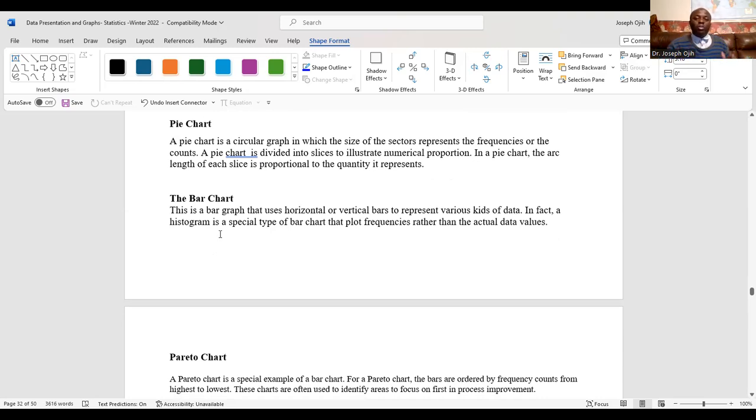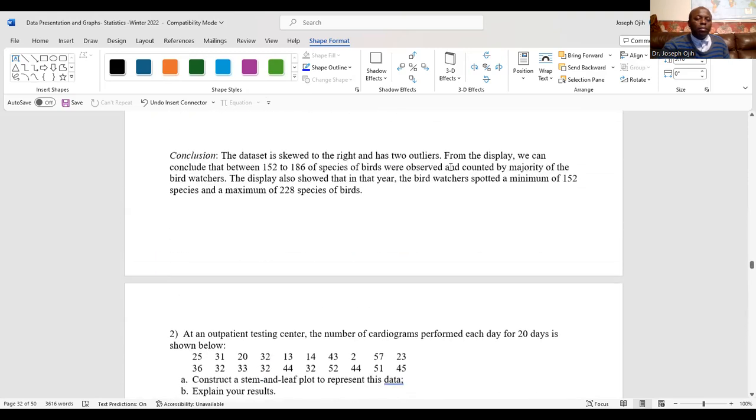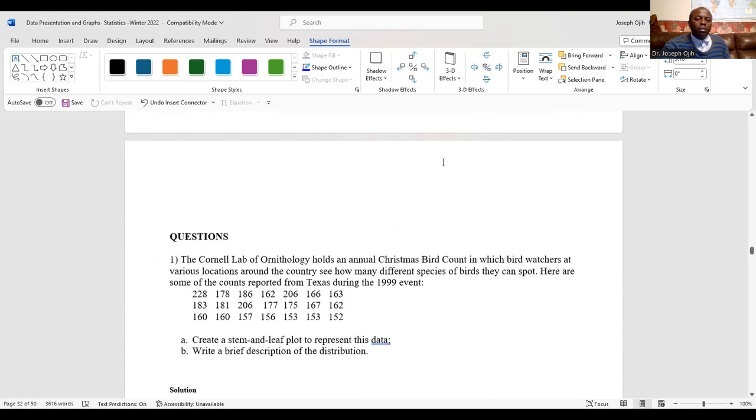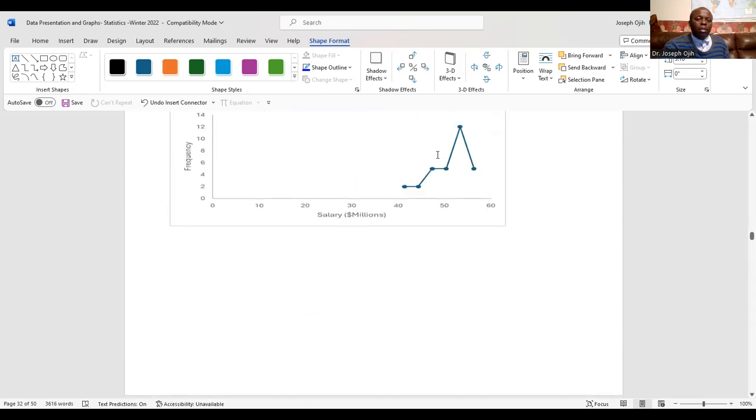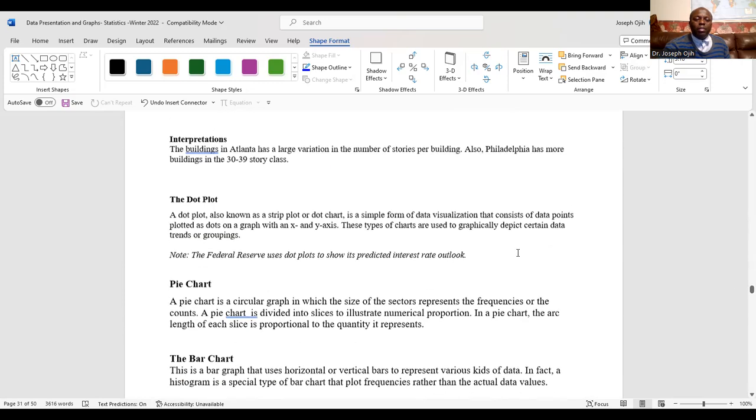The difference is in a histogram, the one we had earlier, if you remember, let me take you back to that place. The histogram bars are together, close together. But in a bar chart, they are separate.